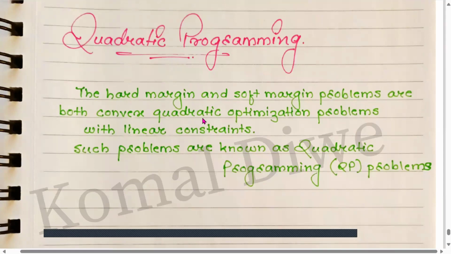Someone might ask about hard margin and soft margin problems, so you have to remember these are both convex quadratic optimization problems with linear constraints. Such problems are known as quadratic programming problems.